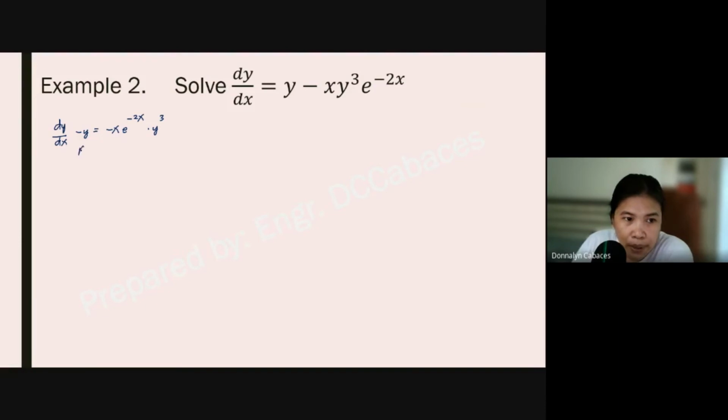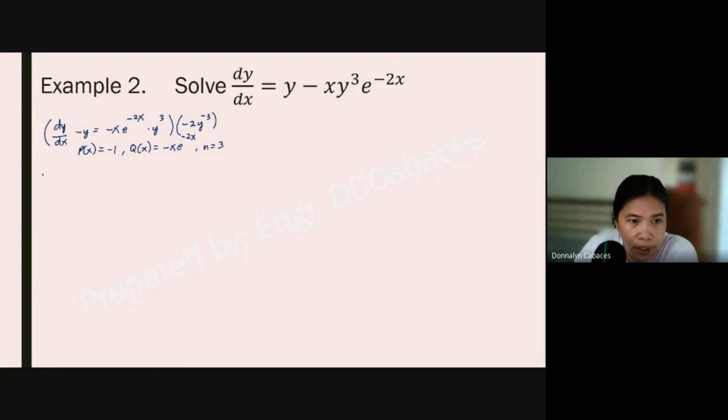So our p of x is equal to negative 1, our q of x is equal to negative x e to the negative 2x, and our n is equal to 3. So that is a Bernoulli equation. So what are we going to multiply with this? Negative n plus 1, so that is negative 2, y to the negative 3.